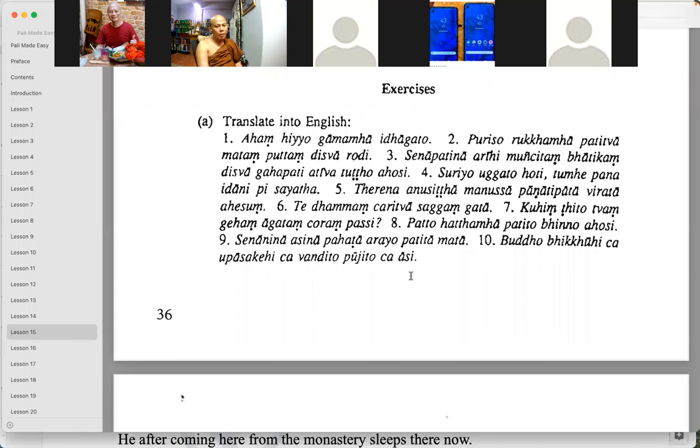So in this way, we can improve in understanding Pali sentences and also their usage. So that is why the essence of this lesson, this Pali Made Easy, is doing the exercise. Doing the exercise is very important.